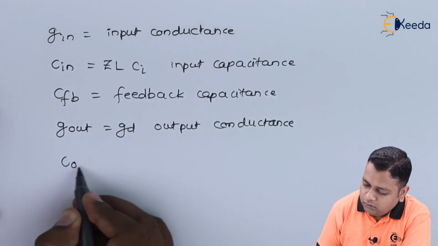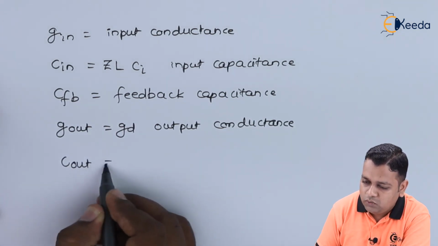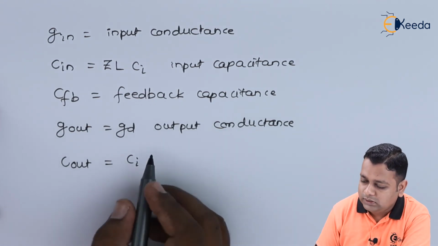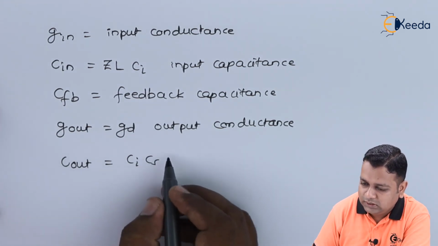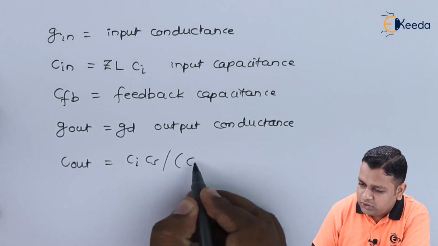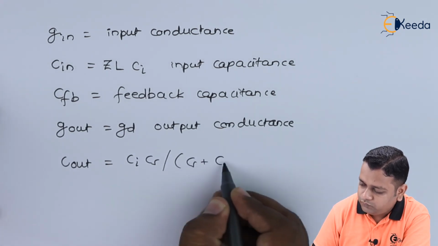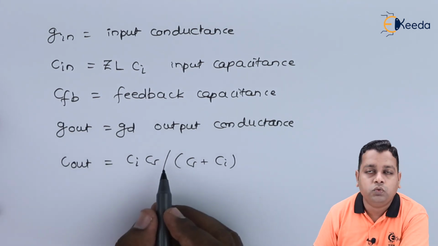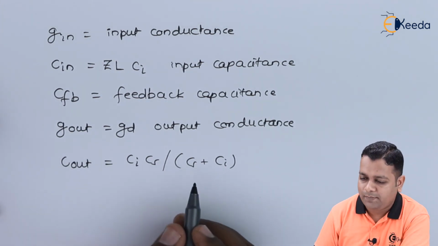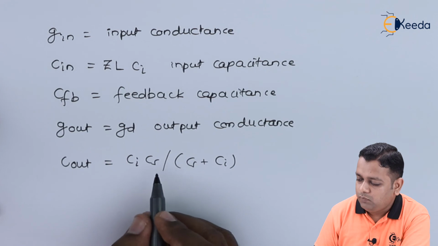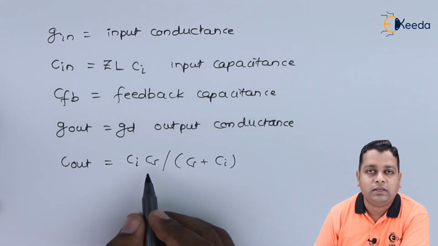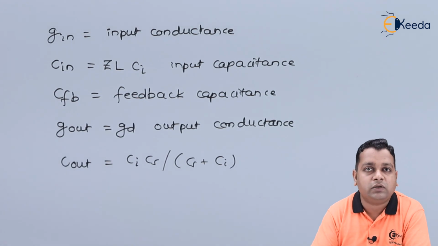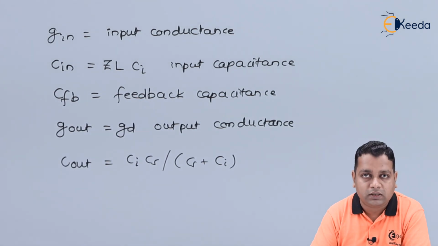Now we have lastly C suffix out computed as the product of C suffix I into C suffix S divided by the addition of the two. So this is the sum of two PN junction capacitance, we can say, in the form of series and the semiconductor here. So these are the various parameters involved into the equivalent circuitry.